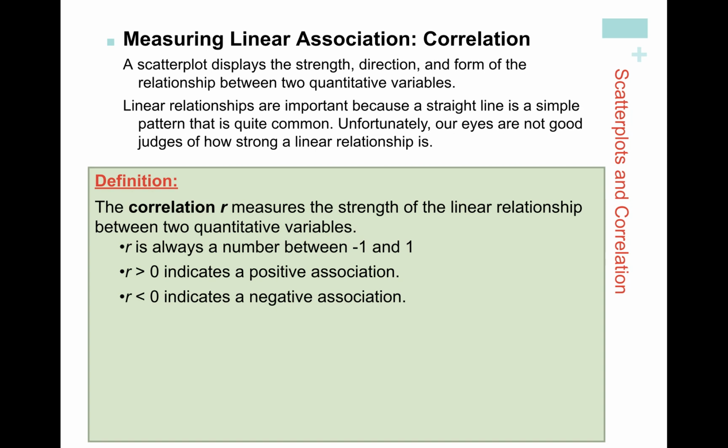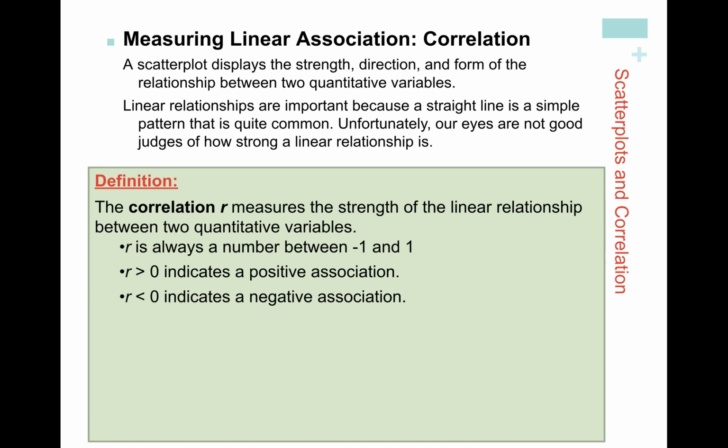Notice that I'm not just saying the slope of the line is positive or the slope of the line is negative. Why am I not saying that? Because on the AP exam, I've seen more than once a multiple choice question that says, interpret what a positive r means.